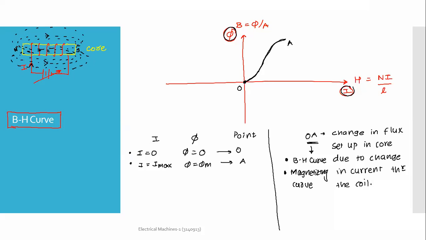Now what do we do? We gradually make the current 0 again. Let me call this point B. Here the current to the coil is made 0, but the flux is not 0 at this point.